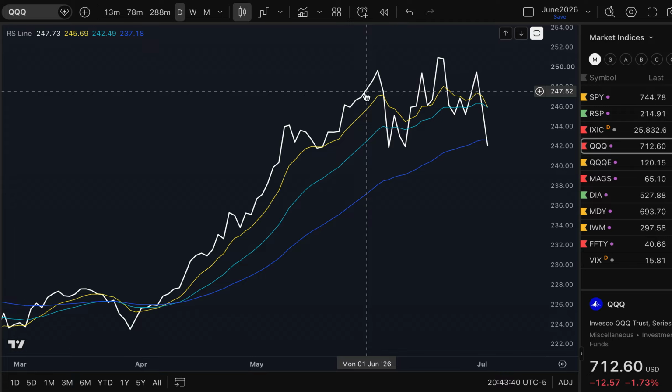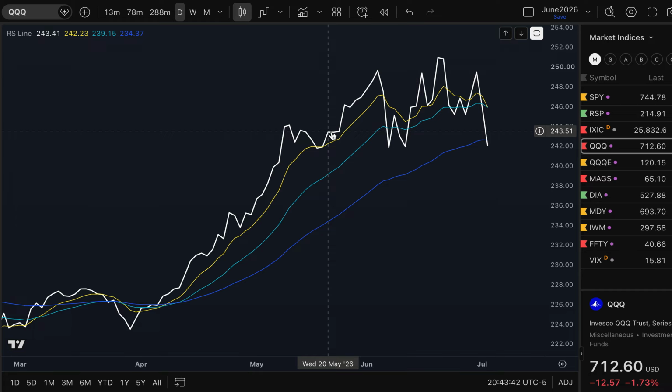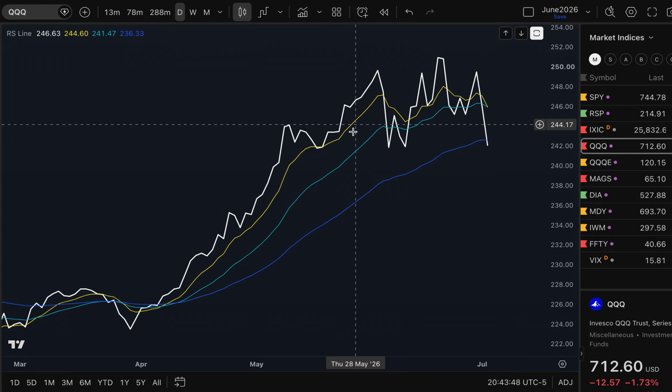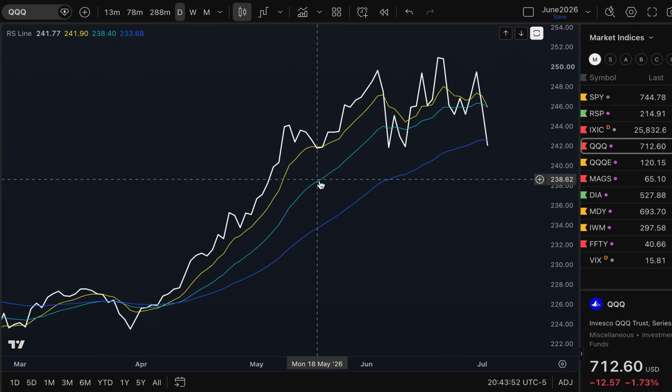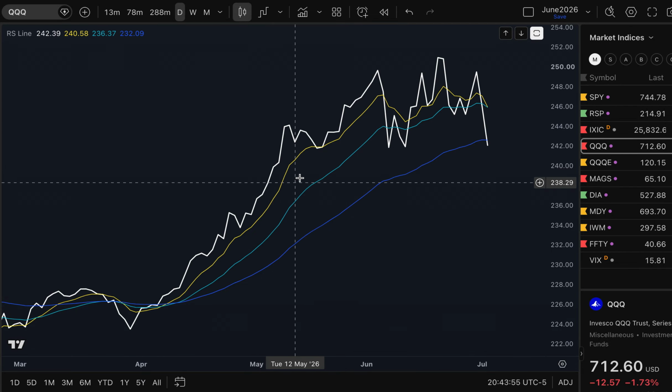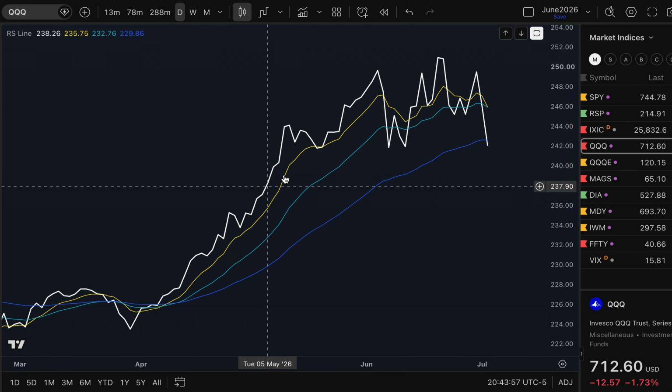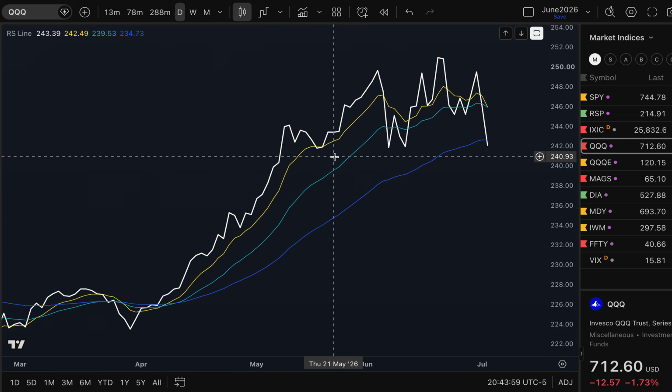So it gives you a graph of how your chart is doing relative to SPY. Then you can put moving averages on here. Like here I've got the 8, the 21, and the 50. But you can put any moving averages on your RS line.